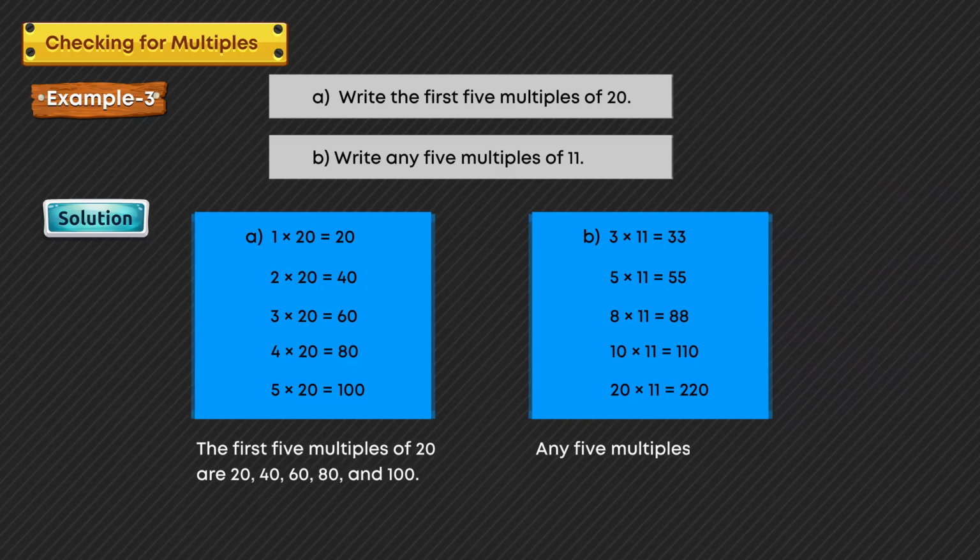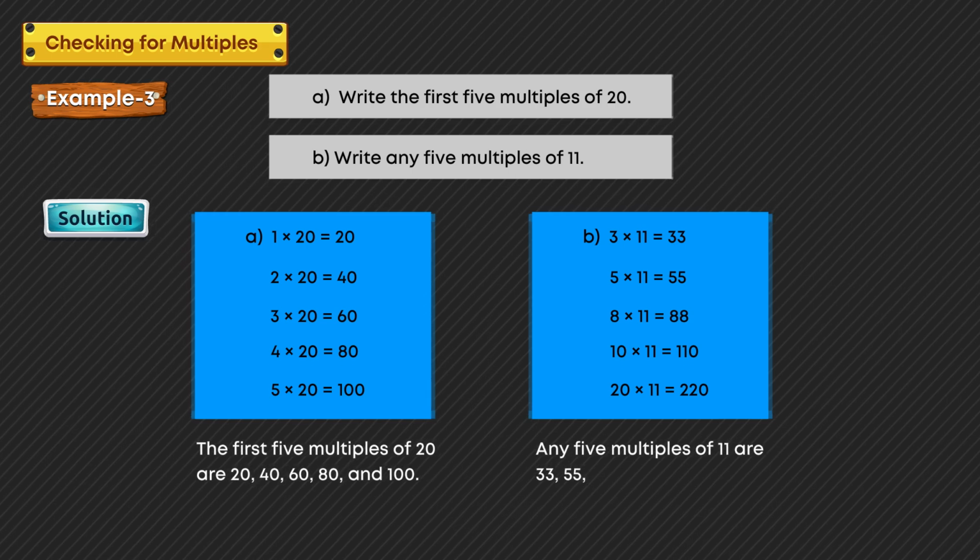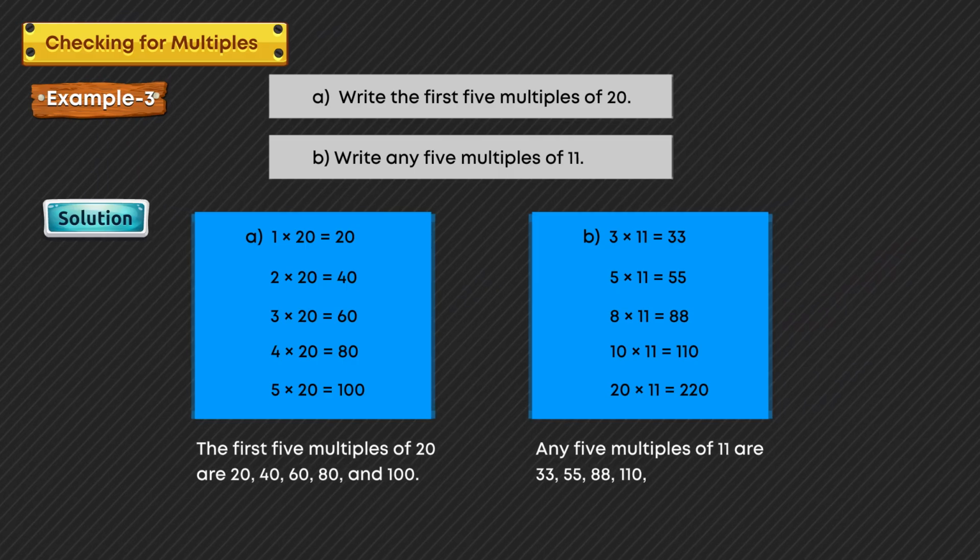Any 5 multiples of 11 are 33, 55, 88, 110, and 220.